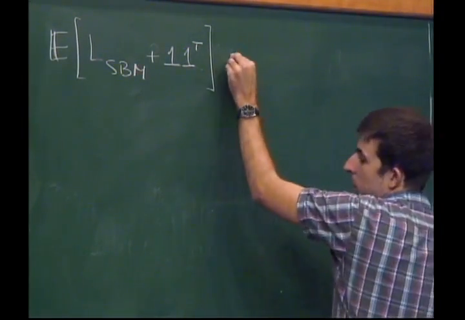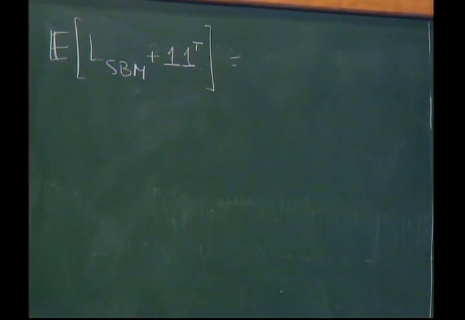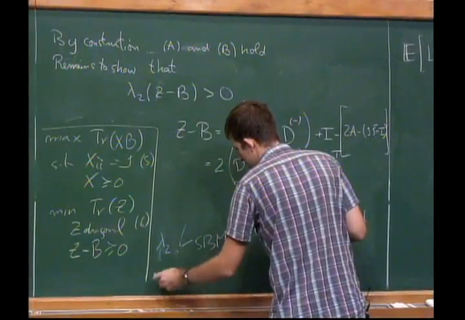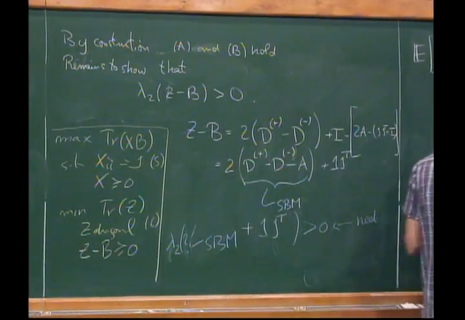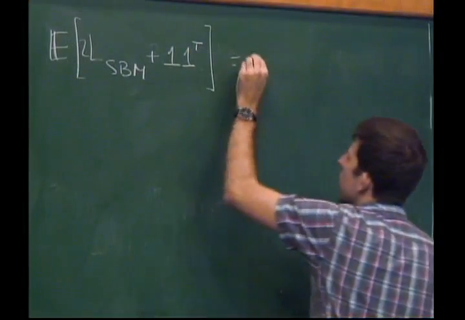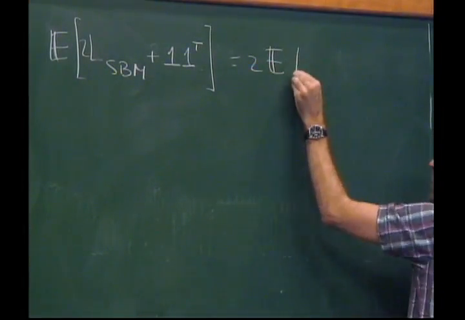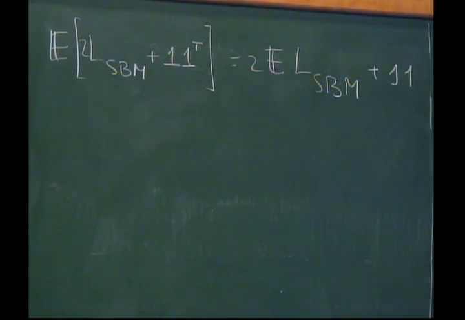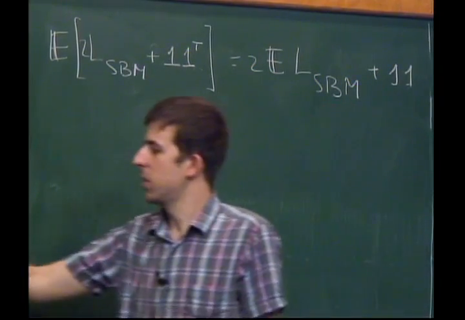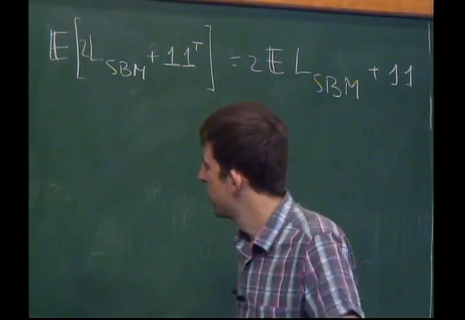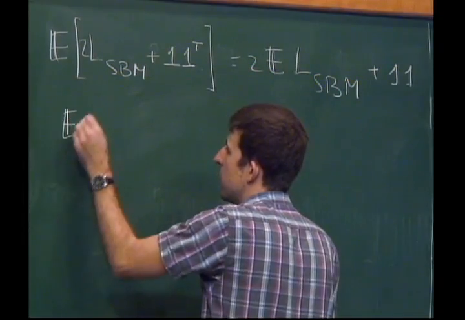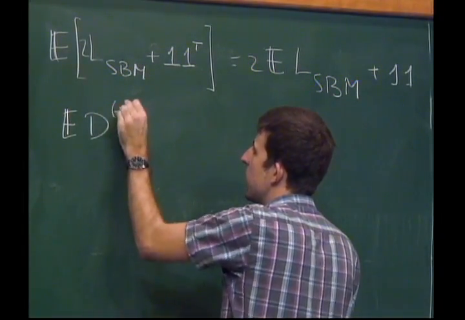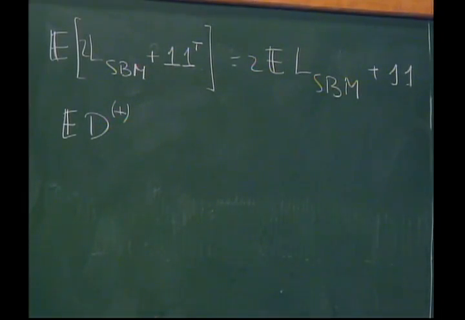So what is this? Well, there's a 2. I forgot a 2 somewhere, I think. So this is 2. What do we need to compute? We just need to compute the expected value of each one of these things. So let's go ahead and do it. What is the expected value of D plus? For each point, what is the expected degree within the cluster?